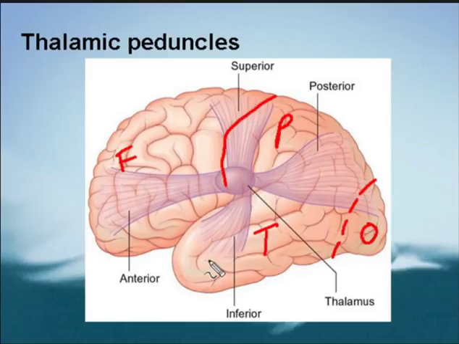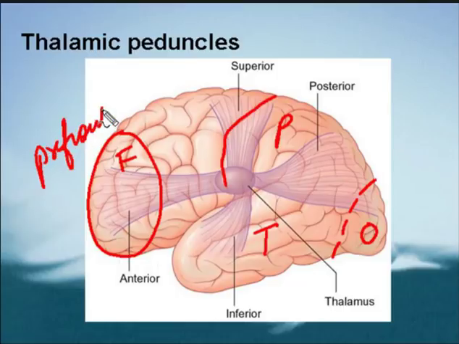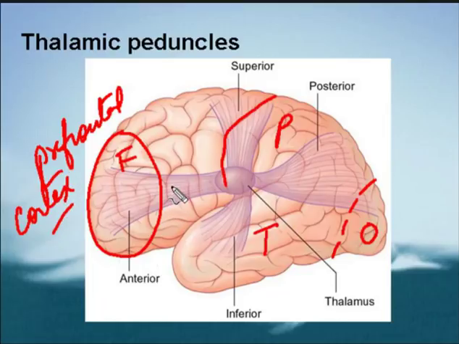The anterior thalamic peduncle connects the thalamus to the frontal lobe, and here in the frontal lobe it connects it to this area which is called the prefrontal cortex, and this has to do with emotions and judgment and so on, and it also connects it with the cingulate cortex, and that again has to do with emotions and the limbic system.